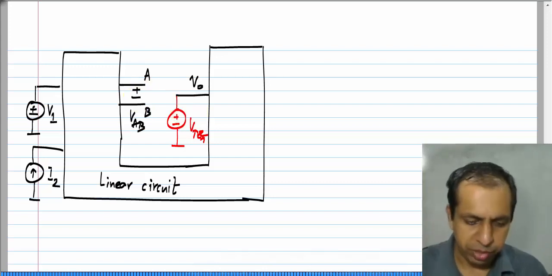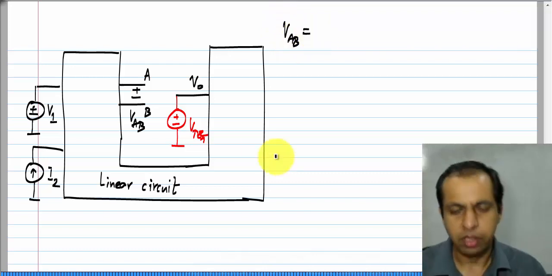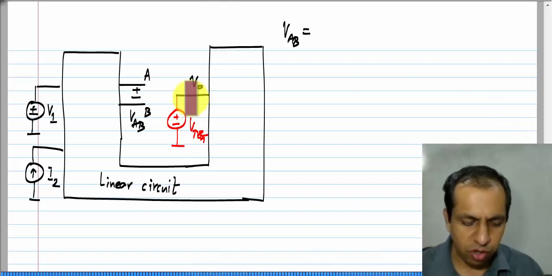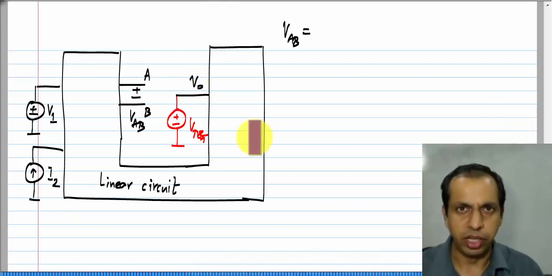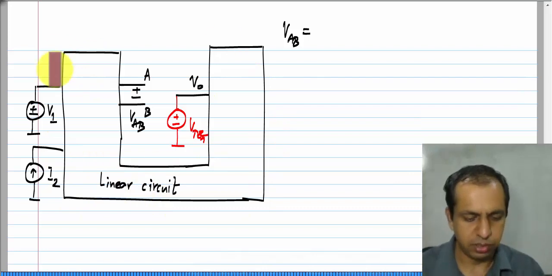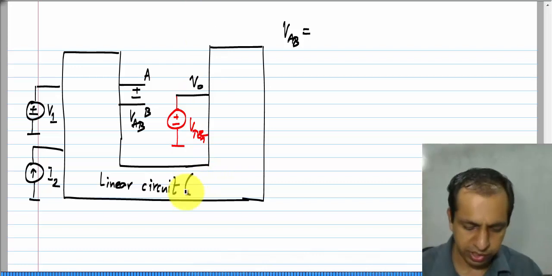Now, what is this VAB going to be? Given what we know about linear circuits, it will be a linear combination of all the independent sources in the circuit. Now, this circuit which is shown by this odd shaped box is a linear circuit, so there are no independent sources inside.